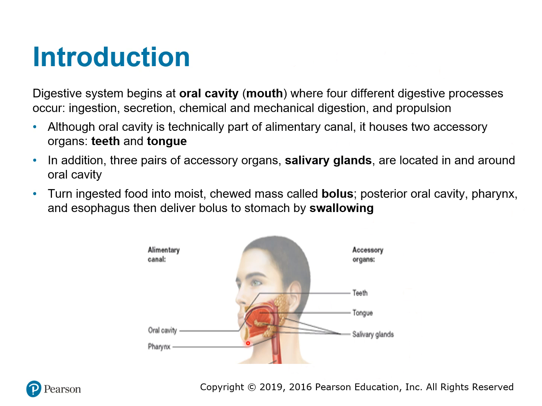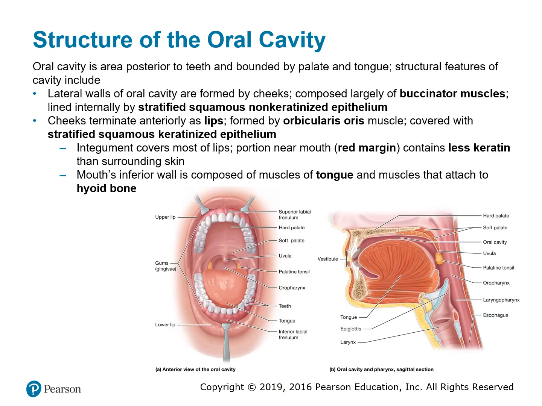The food that is ingested is chewed in masses. It creates a bolus, which is just chewed food. Then it goes from the oral cavity to the pharynx, and then through the esophagus by swallowing. The oral cavity, your mouth, is composed of very important parts that help start the digestion of the food.